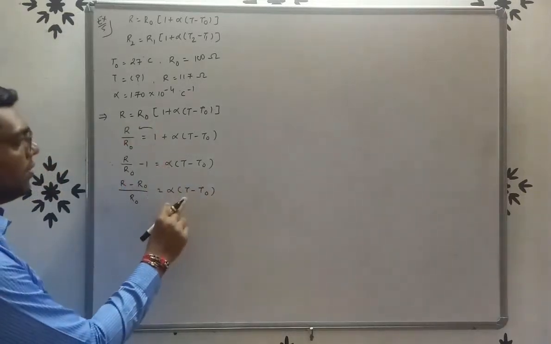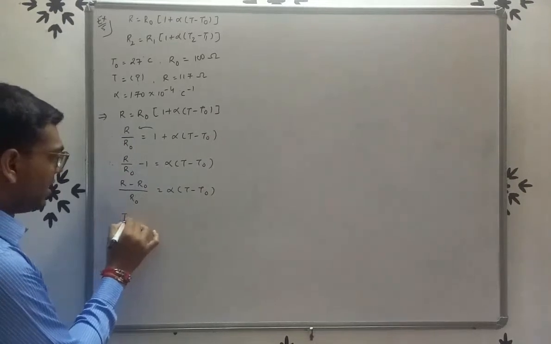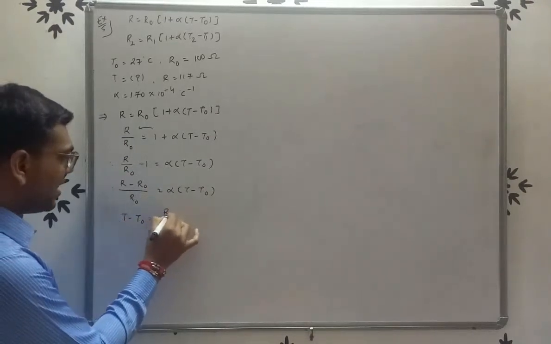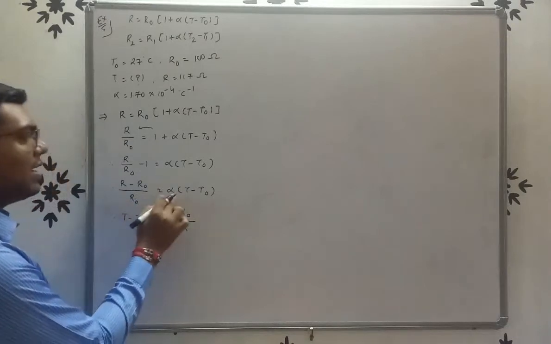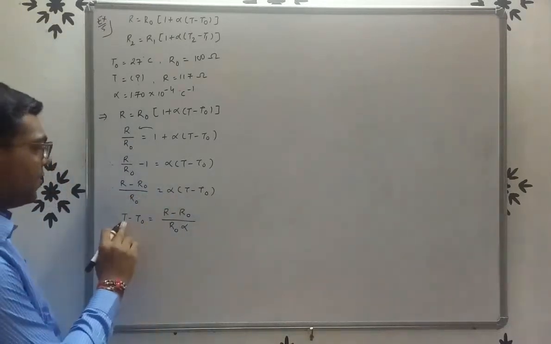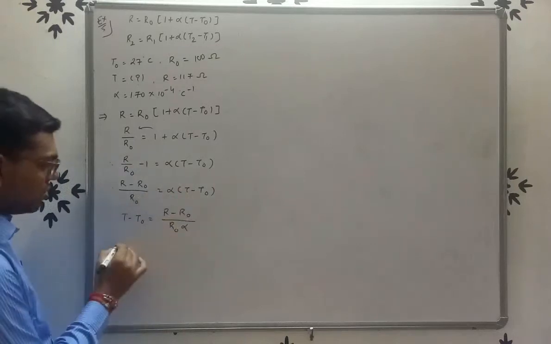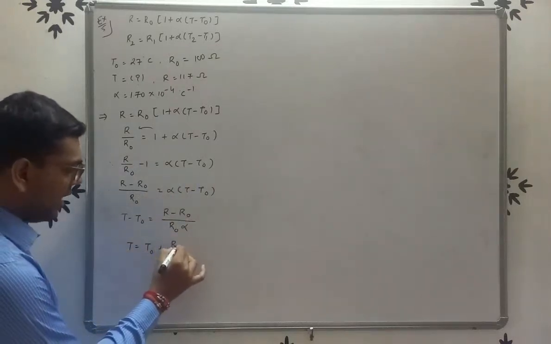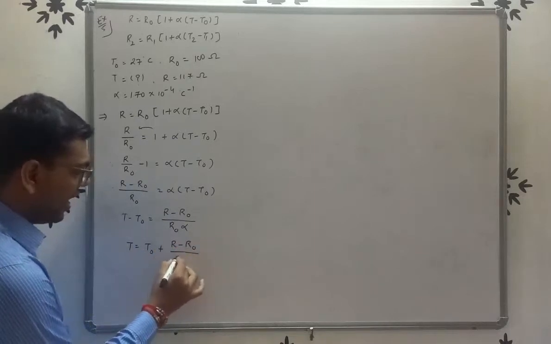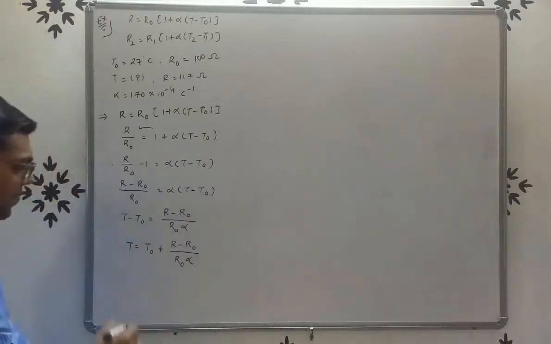We have to find out T. So we formulate T minus T0, which is R minus R0 upon R0 into alpha. Right. Now if we formulate T, then T0 goes to the right hand side. So we will get T is equal to T0 plus R minus R0 upon R0 into alpha.